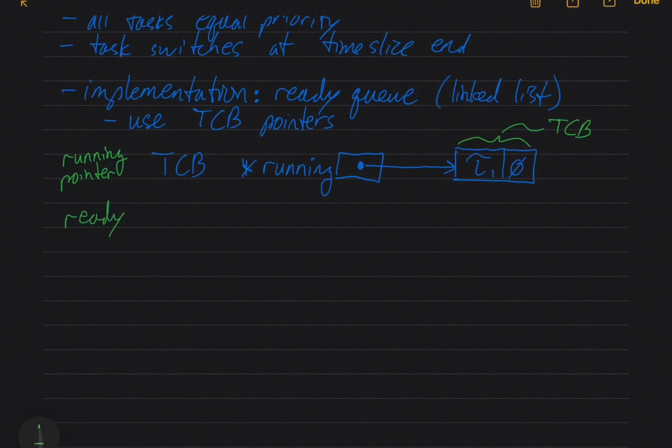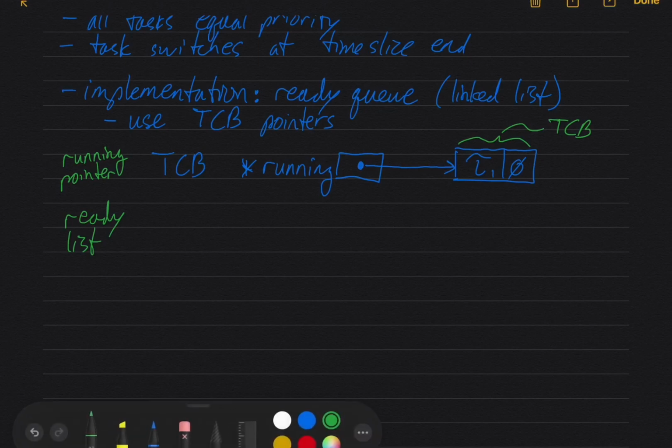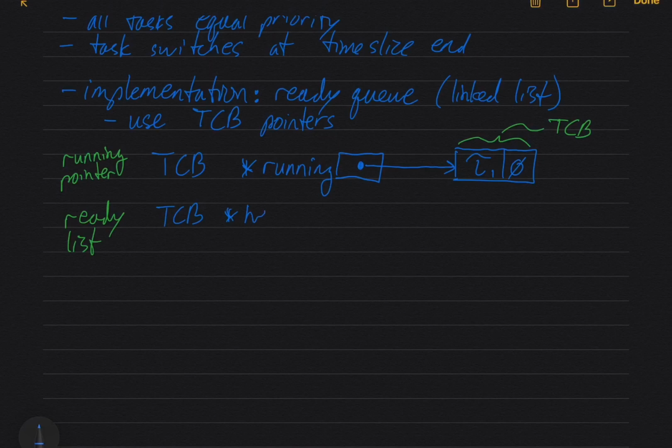Here we have the ready list, and it's going to have 2 pointers. So the head of the list and the tail pointer. So for the example with 3 tasks, next to run, let's just say that that is task 2.